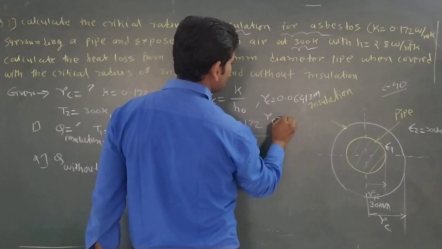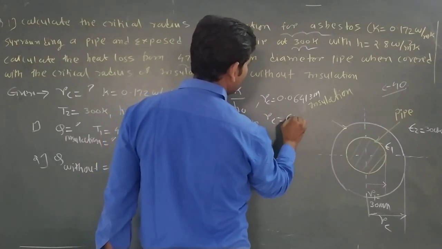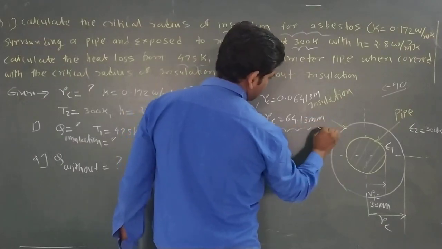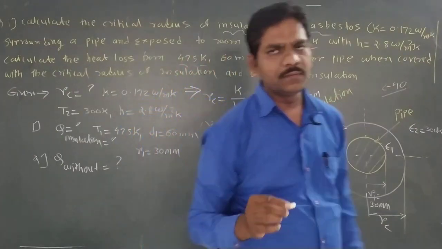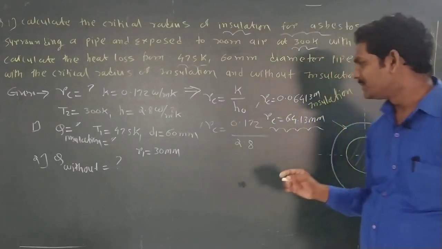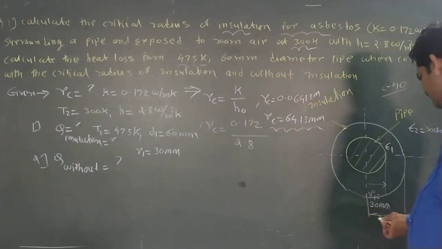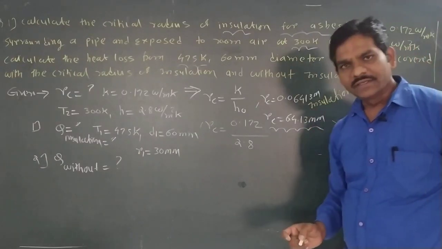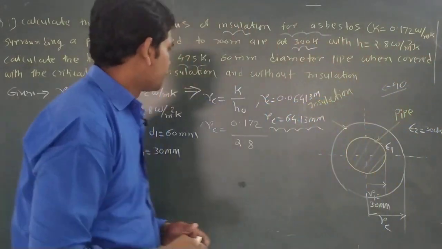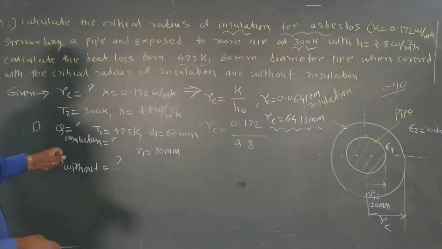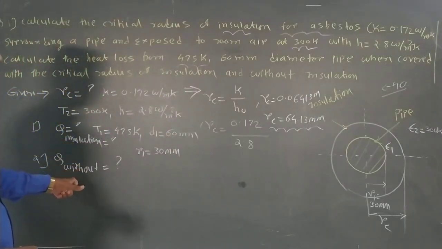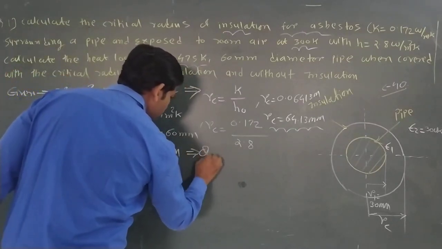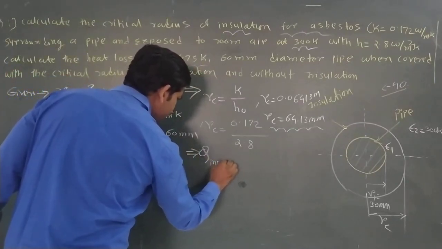So in mm how much, guys? 64.13 mm. This problem is also referred from R.K. Rajput's book of heat transfer. So how much is RC? The critical radius is 64.13 mm here, guys. Then we calculate the two values, Q with insulation and another Q without insulation. So let's start the first calculation, Q with insulation.